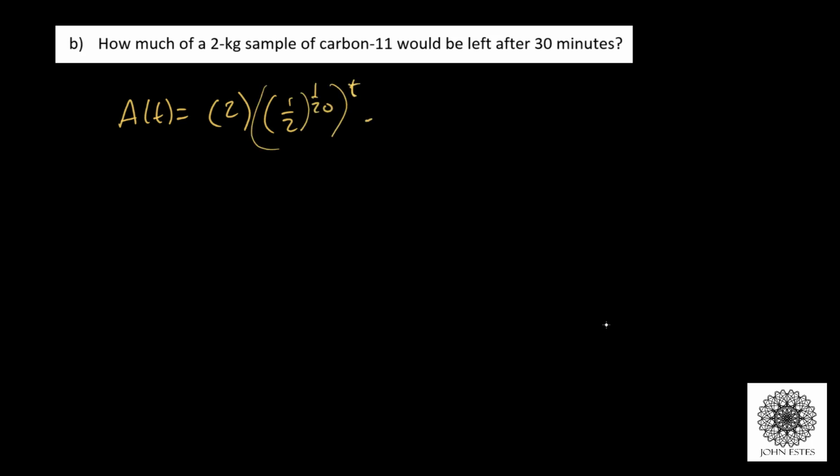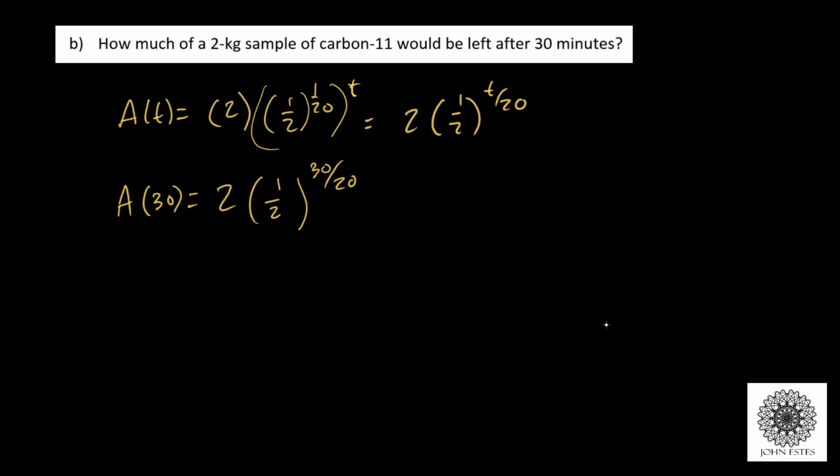So here I could simplify this a little bit by saying 2 times 1/2 to the t over 20 power. Now this 30 minutes is a time, and we are measuring t in minutes, so A sub 30 would be 2 times 1/2 to the 30 over 20th power, or another way of saying that is 2 times 1/2 to the 3/2 power, and then from there we just need to plug it into a calculator.